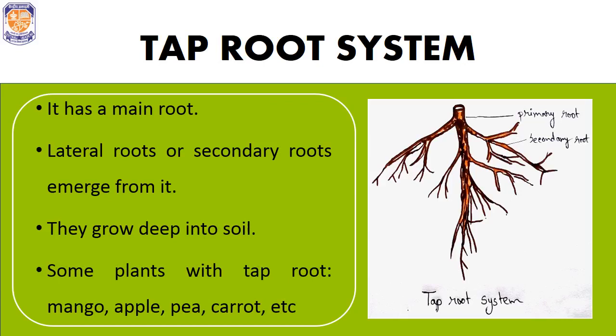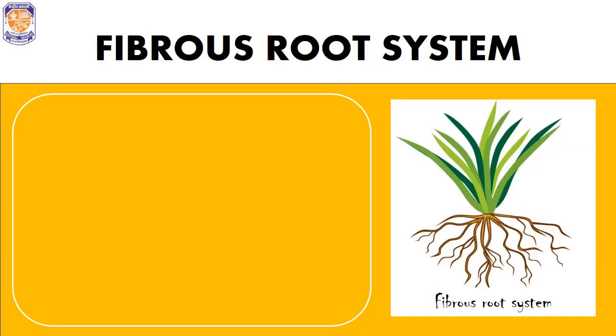Some plants with taproot are mango, apple, pea, carrot, etc. So it starts its development from a seed and a single small root grows from the seed towards the ground. That forms the taproot. Later on, many fiber like structures arise from those main root and those fiber like structures are known as secondary root.